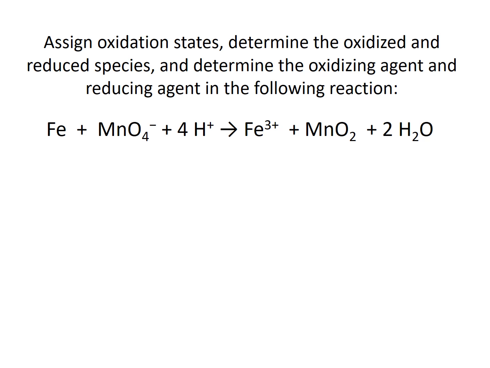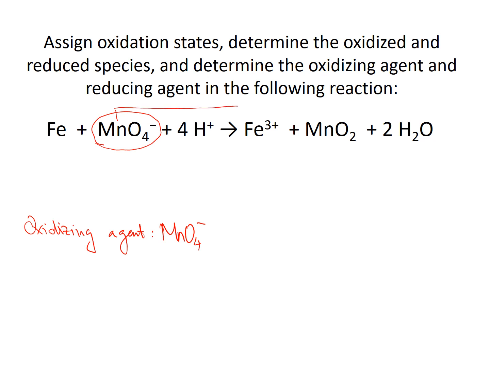In this case, it's simply a matter of doing the same process as before. And just like before, I can tell you without a shadow of a doubt that the oxidizing agent is the permanganate ion. And which one got reduced? Well, it's likely going to be the manganese.